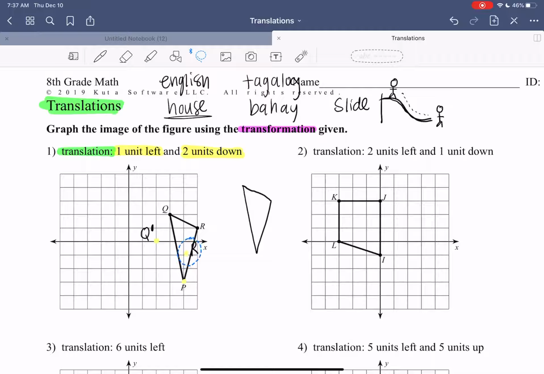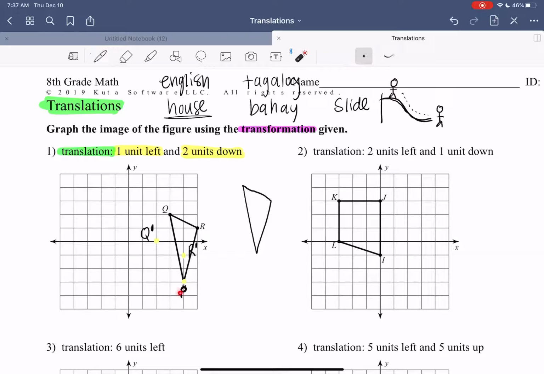Because our R is now in a new location, it needs a new name. So that new name is going to be R prime. It's not the English, now we're moving it to the Philippines, right? So we need to do it with all of our vertices, all of our points of our graph. So right now, it's just P.